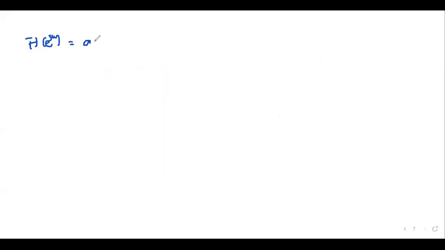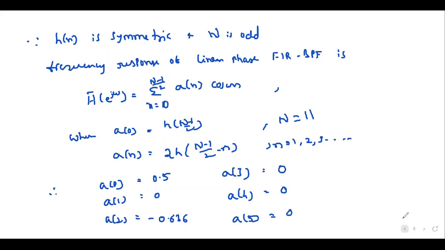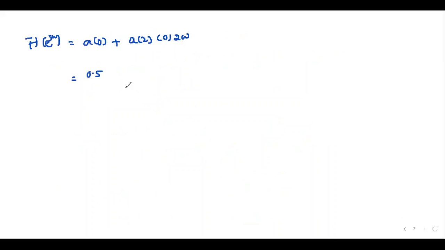So it is a of 0 plus a of 2 into cos 2 omega. A of 0 is 0.5, and this is minus 0.636 cos 2 omega. Then we got this magnitude response h cap of e power j omega.